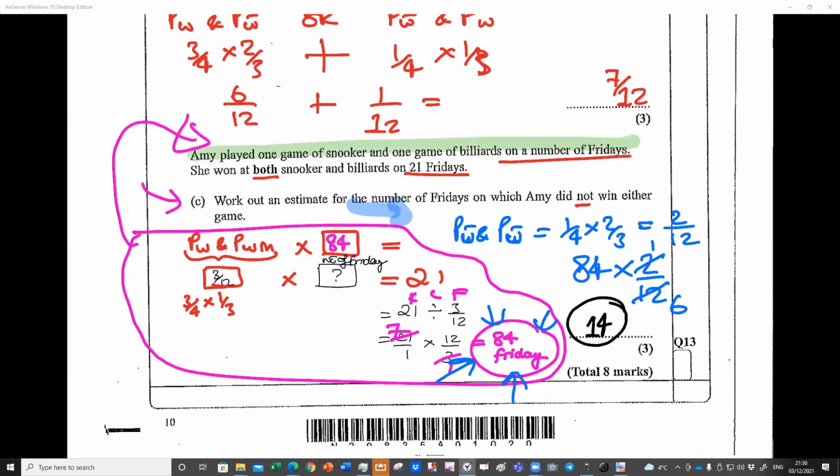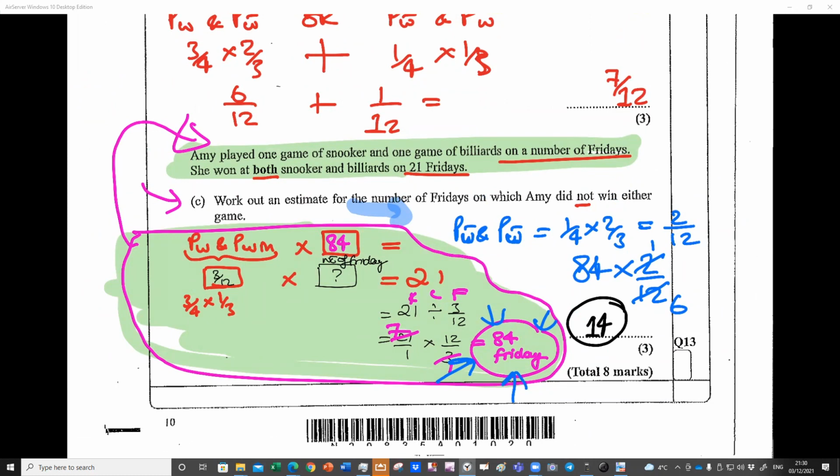So this question here is in green. The green bit on the top, we worked out backwards that she has been playing the game for 84 weeks. 84 Fridays she played, based on the green part.